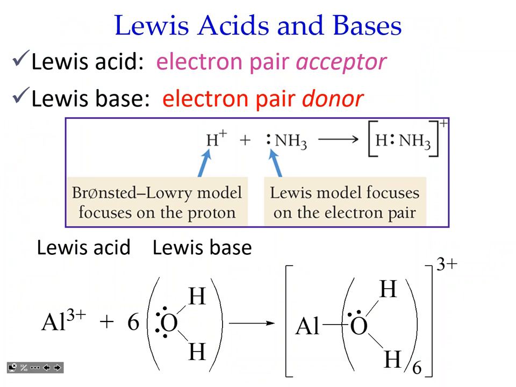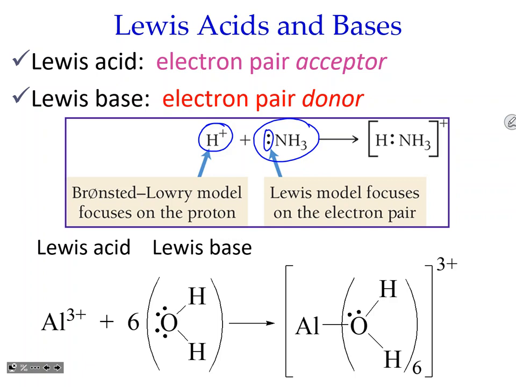We think of the Bronsted-Lowry acid as the proton donor, but here the Lewis base is actually the electron pair donor, instead of the proton donor. So they're kind of opposite. What you need to focus on here in terms of the metal, especially here the hydrogen, is going to be able to accept a pair, and the ammonia is going to be able to donate a pair.